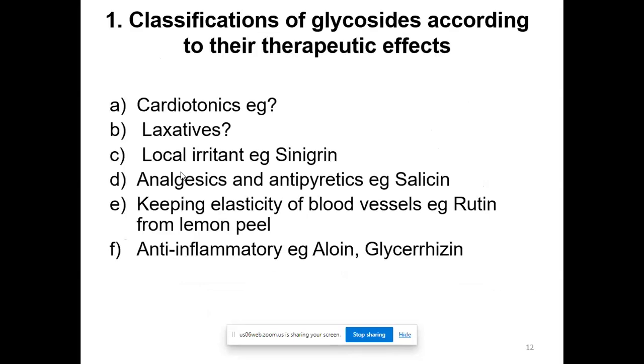So they're classified according to therapeutic effects. So examples: cardiotonics, which we are going to talk about; laxatives, example the senna; local irritants, analgesics, and the likes.